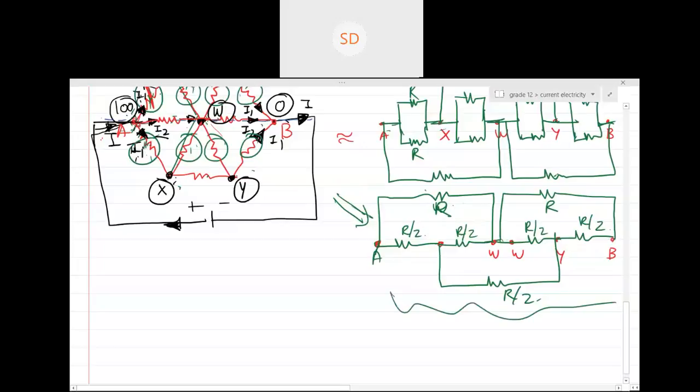You won't be able to solve it further because you won't know exactly which is in series and which is in parallel. This resistance will give you trouble. So anyways, we won't be able to do it using series-parallel, but at least we learned the branch manipulation part.